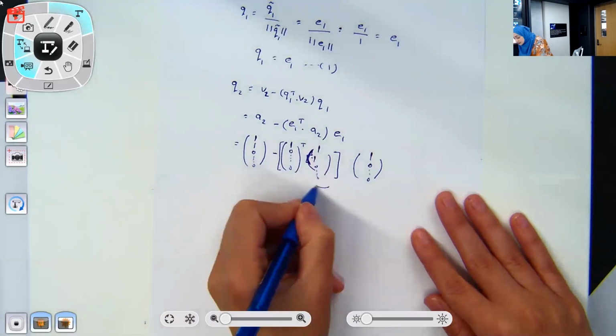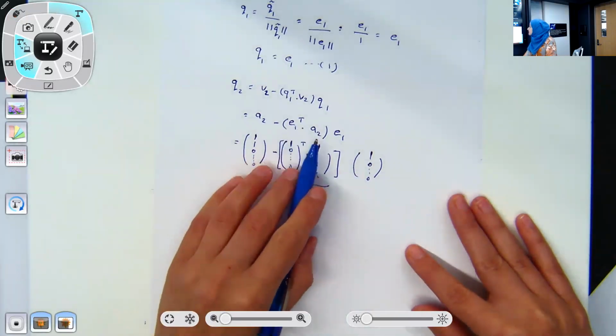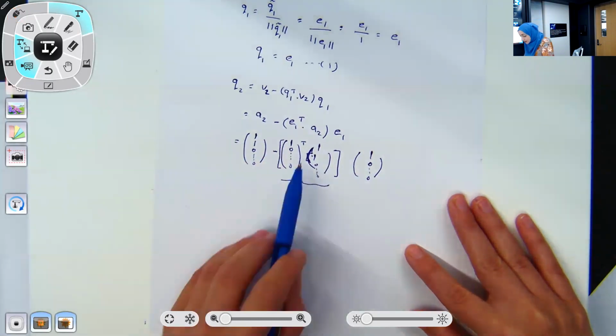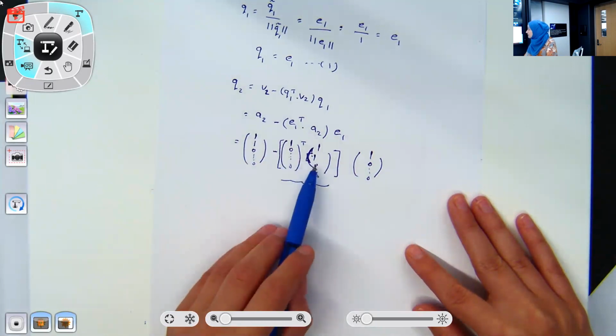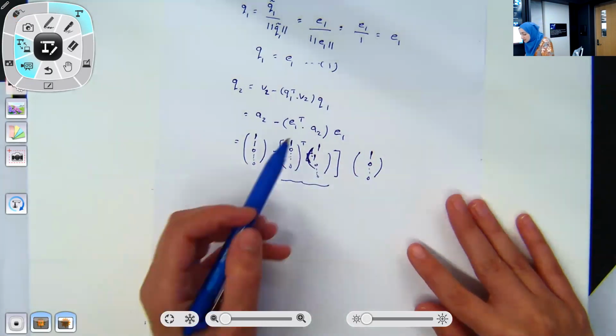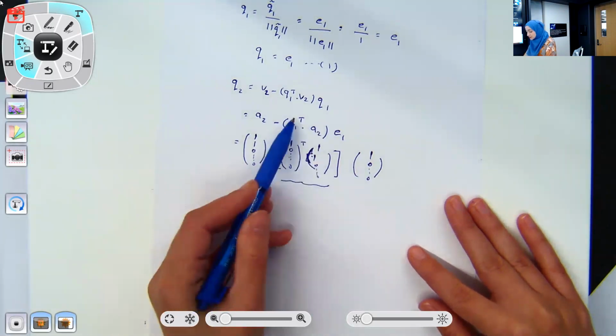At the beginning, let's find the multiplication of E1 transpose times A2. 1 times 1 is 1, plus 0 times 1 is 0, and the rest is 0. So E1 transpose times A2 gives just 1.